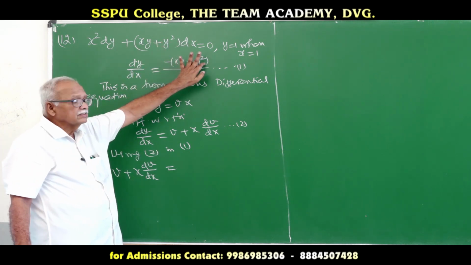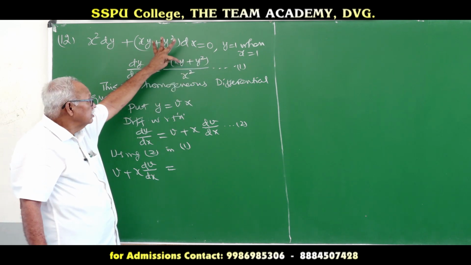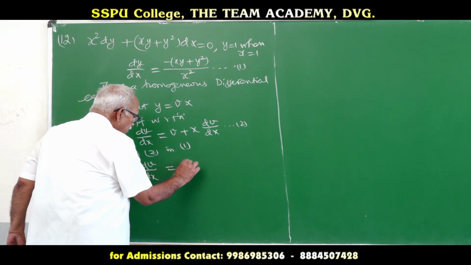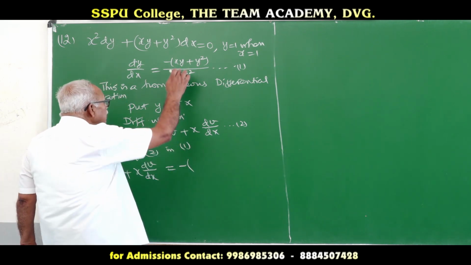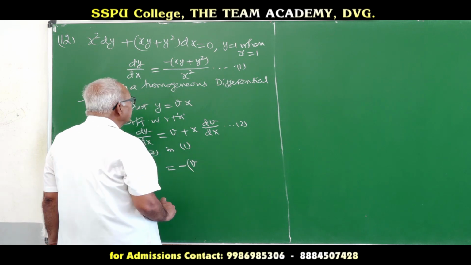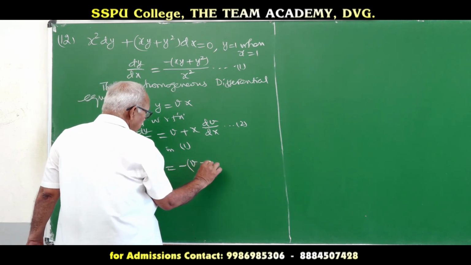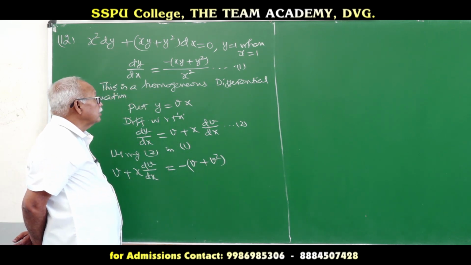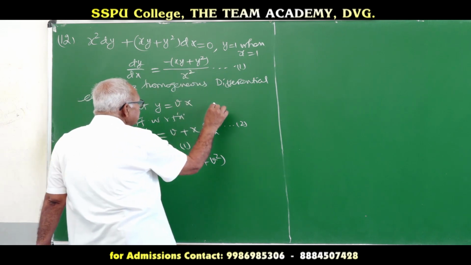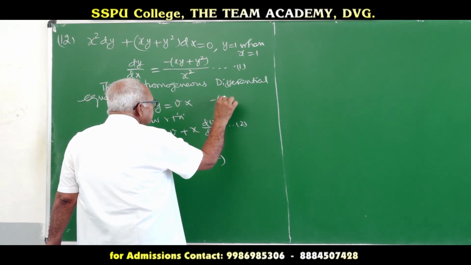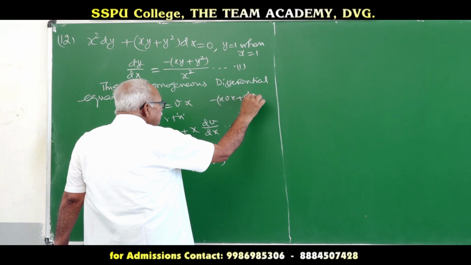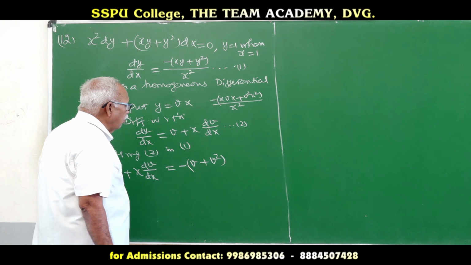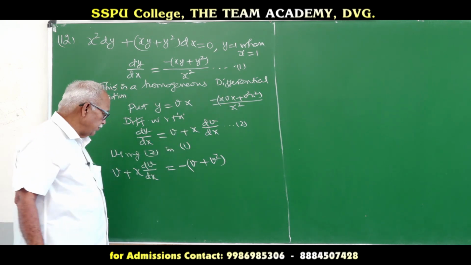Here v square x square. So, x square all get cancelled. What we are going to get is minus of v plus v square. So, there is no x term in the denominator. You can see here minus of (x into vx plus v square x square) divided by x square. x square all cancels. Minus of (v plus v square).